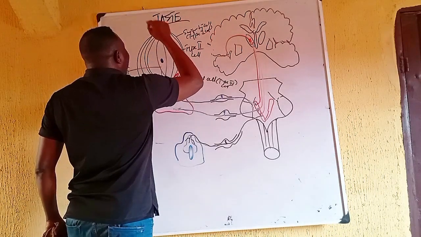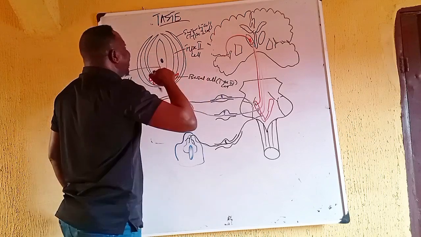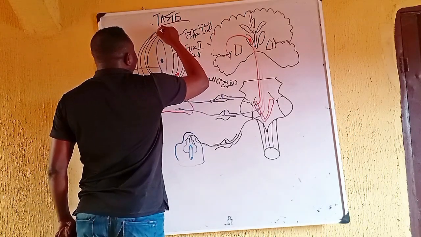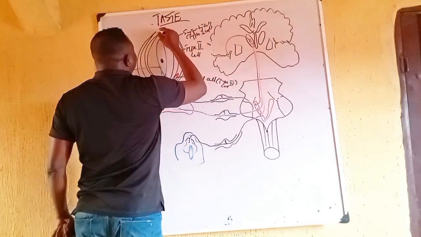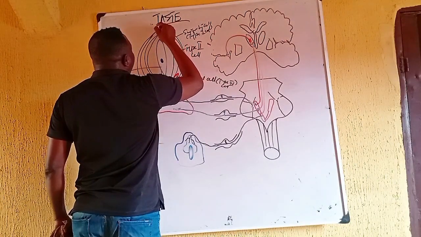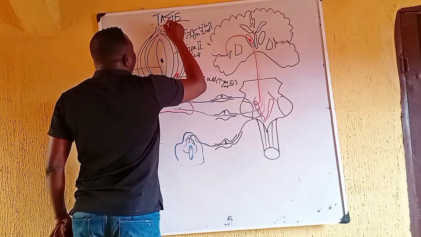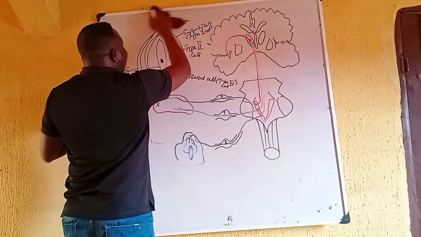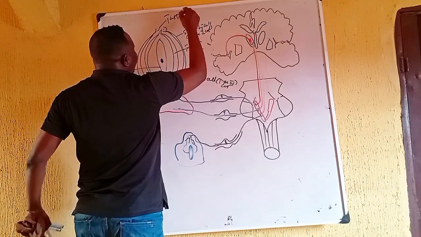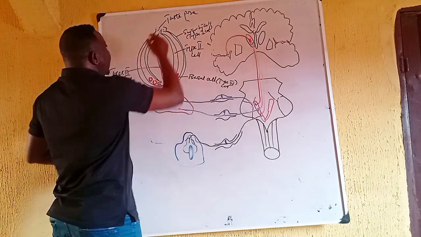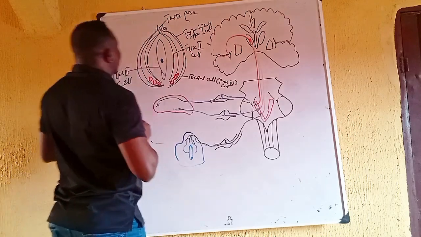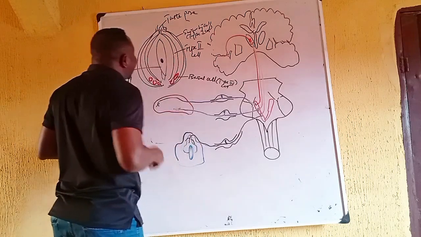Now, type 1, type 2, and type 3 cells actually have what we call cilia. They have cilia, and these cilia open into a pore that is referred to as the taste pore.